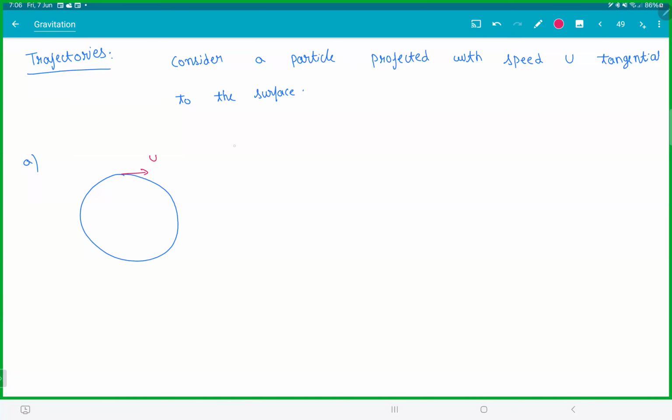So case one, if your velocity is less than v orbit, you will go in a path like this and you will land on the planet again. So basically you get an ellipse.